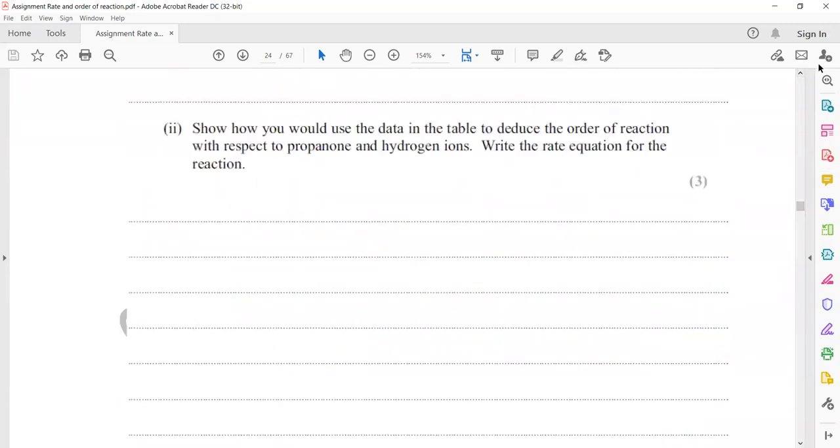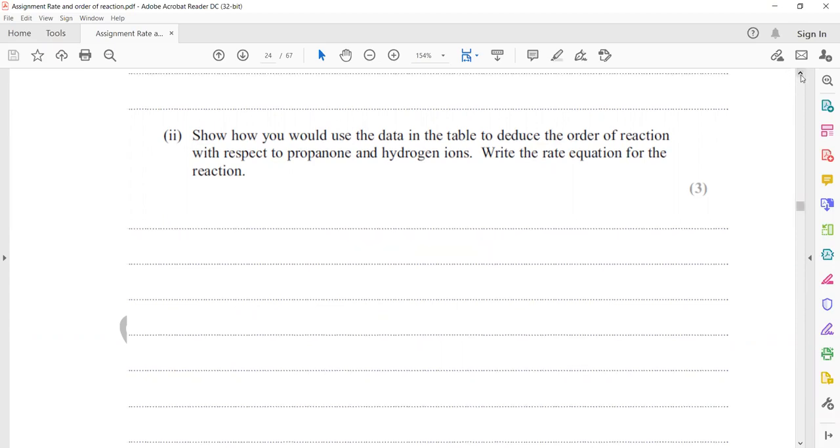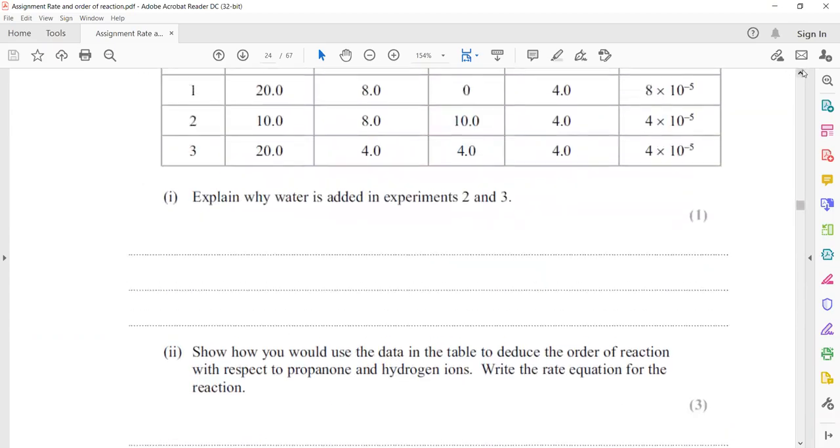Show how you would use the data to deduce the order of reaction with respect to propanol and hydrogen ion and write the rate equation. So how can we use this data?